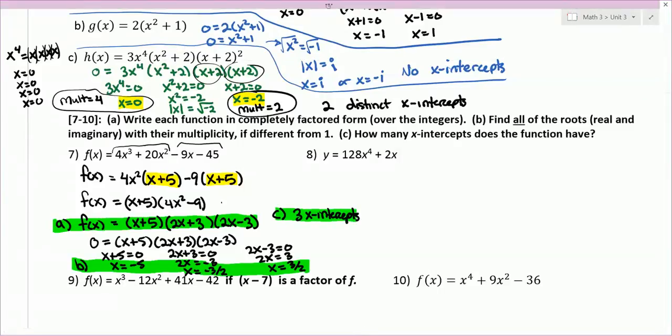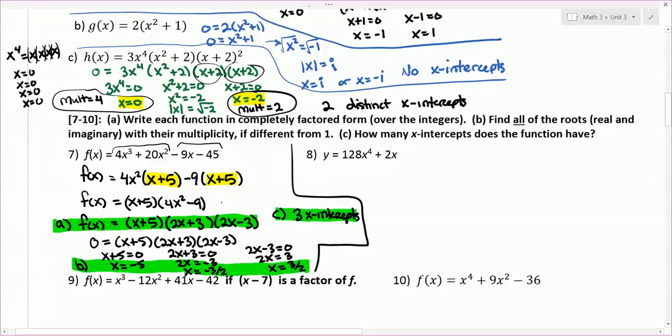Okay, number 8. We're going to first start by trying to factor this. Notice both terms are divisible by 2 and x. So I'm going to factor out 2x.